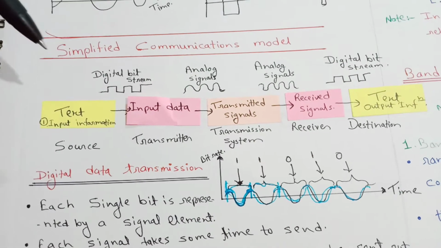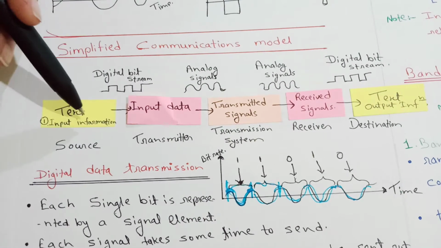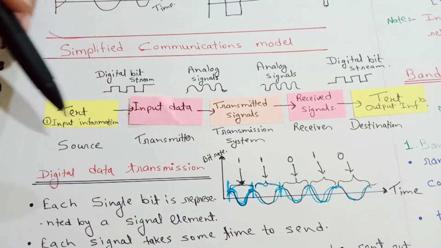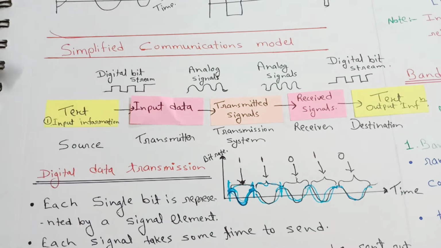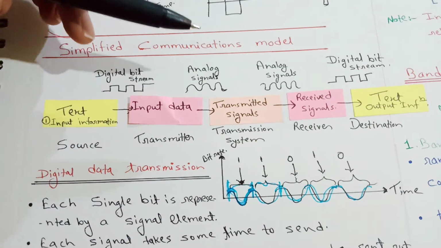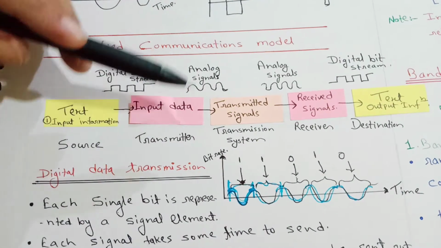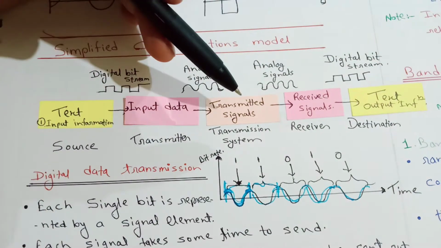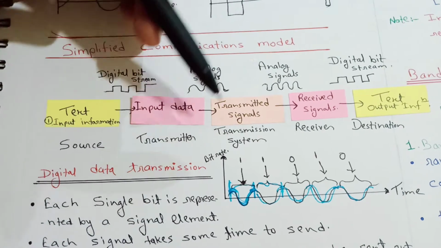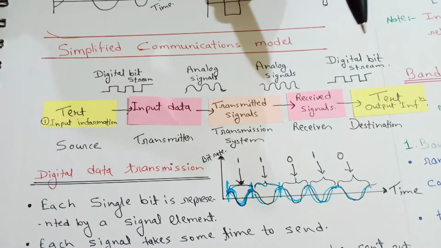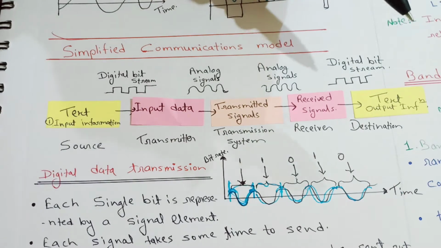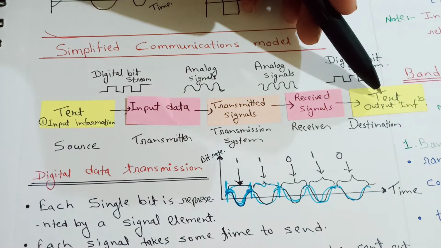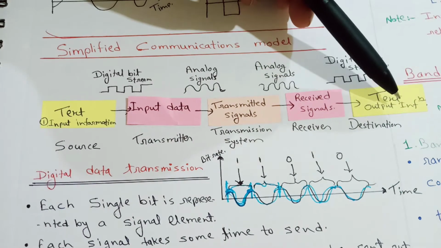The digital bit stream is sent as input data from the text source to the transmitter, and a mixture of digital and analog signal goes through the transmission system, and then the analog signal is again converted into digital bits, and it gives the text output or information.